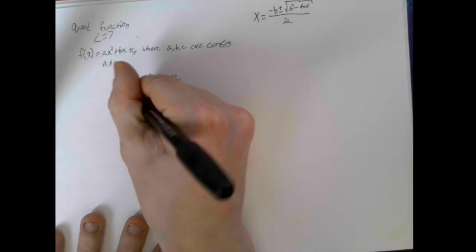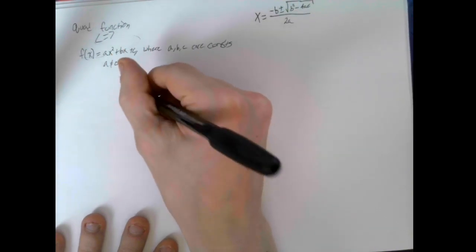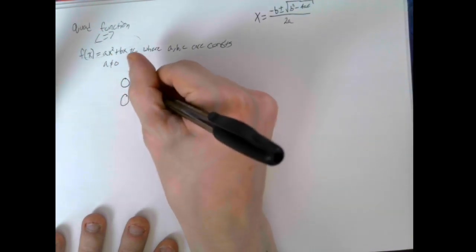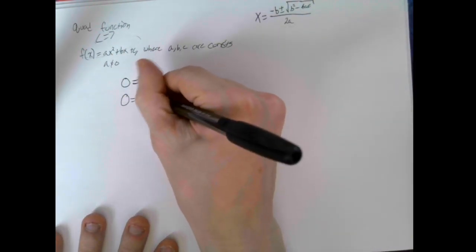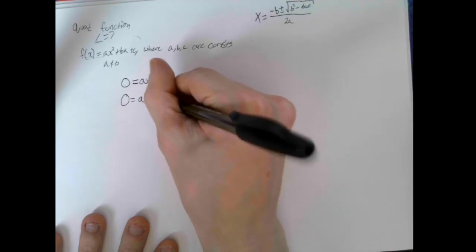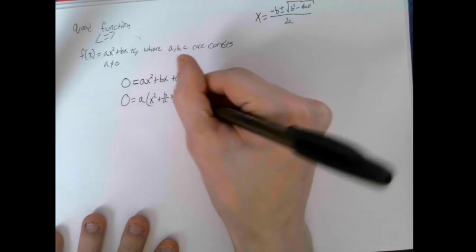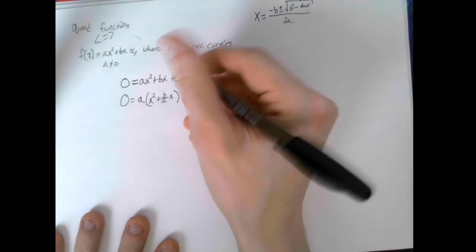So we're going to say 0 equals a times x squared plus b over a x plus c. Now I could have taken it out of the c term, but it's just a little easier if you don't do that, because you would have to put it back in later, so it doesn't really make a difference. So that's why I only took it out of the a and b terms.